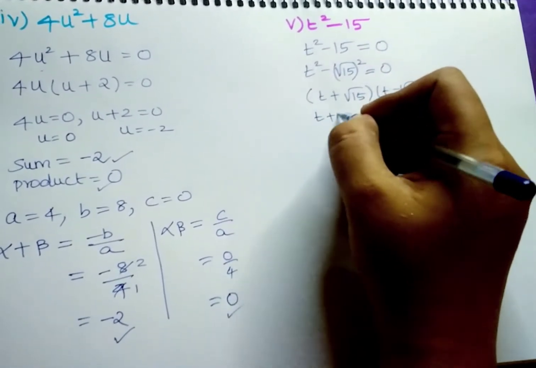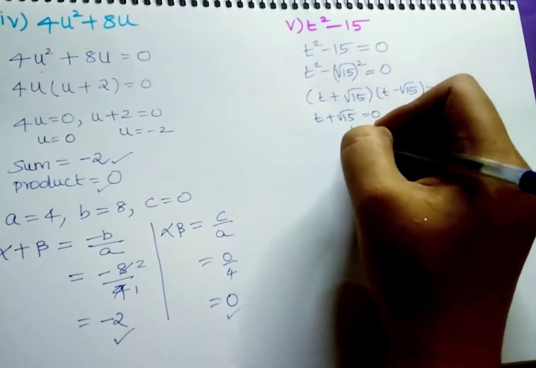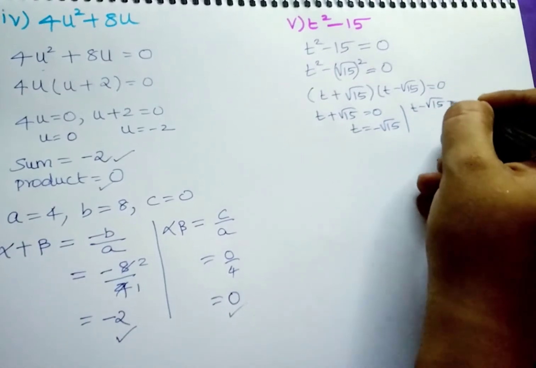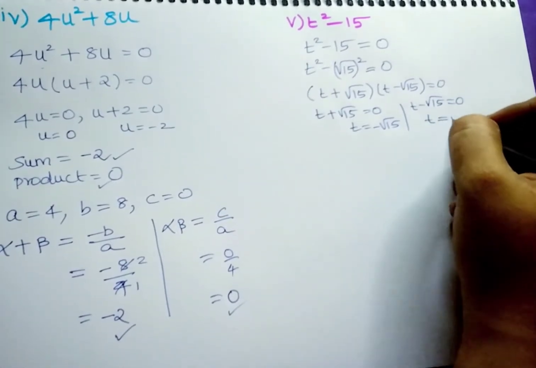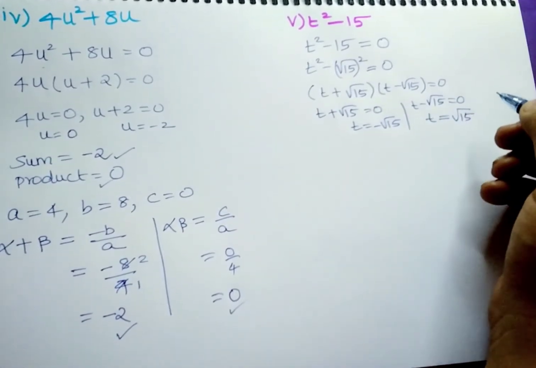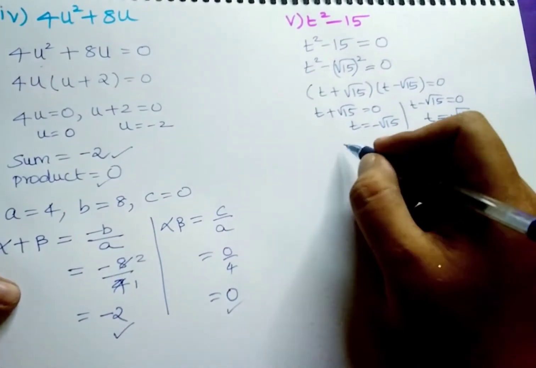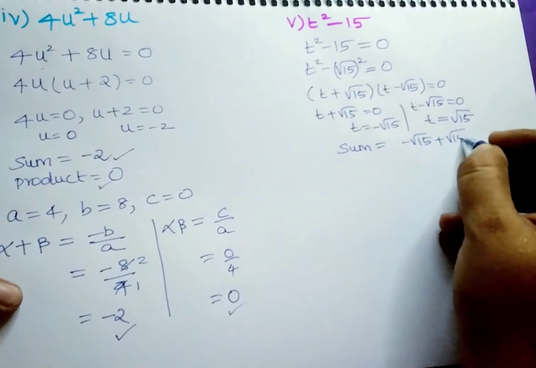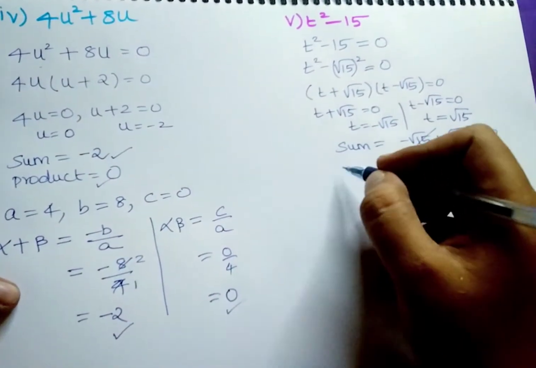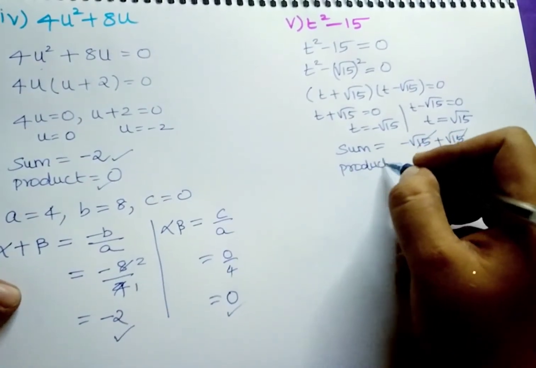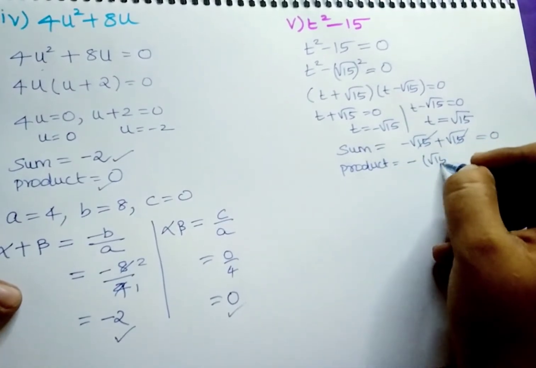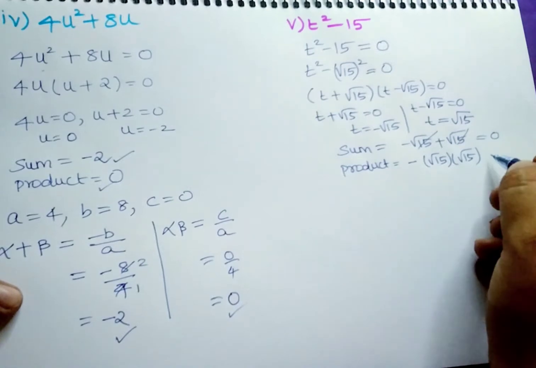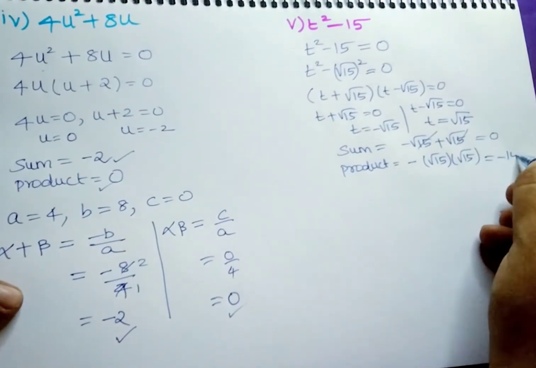So t plus root 15 equal to 0, when we equate separately, we get minus root 15, and t minus root 15 equal to 0, when we equate separately, we get t is equal to root 15. And when we add these zeros, we get minus root 15 plus root 15, both the numbers get cancelled, so it is 0, and product, as it is of the same number and the square root, so square and square root get cancelled, we get 15, plus into minus is minus 15.